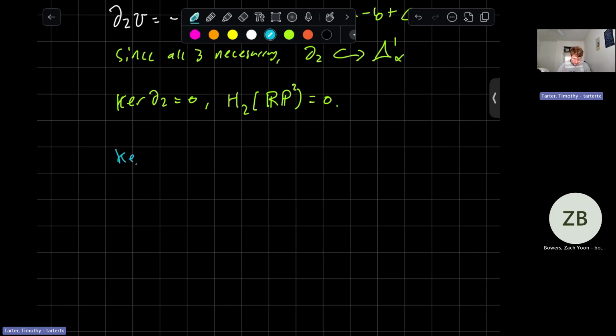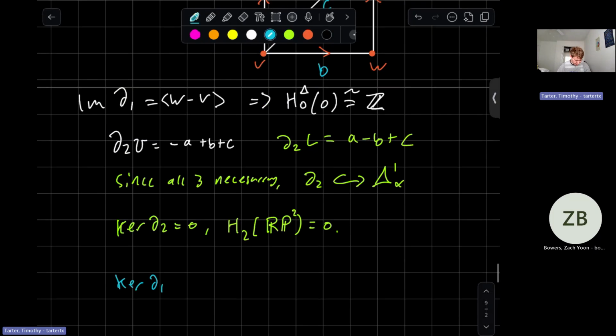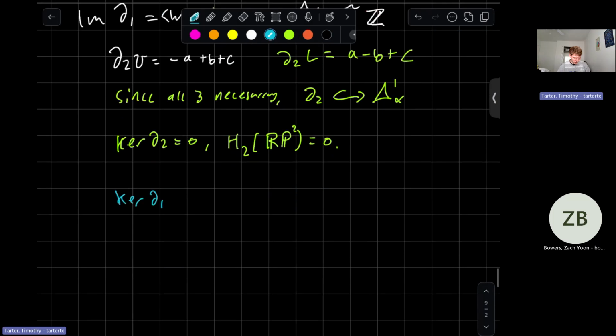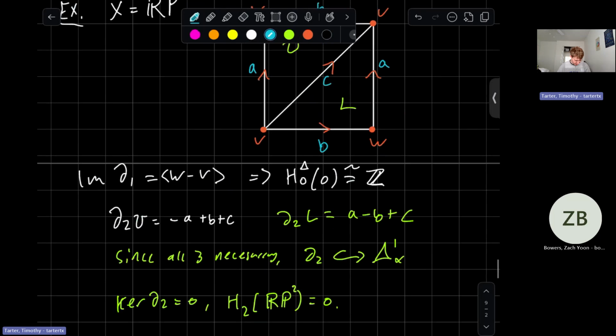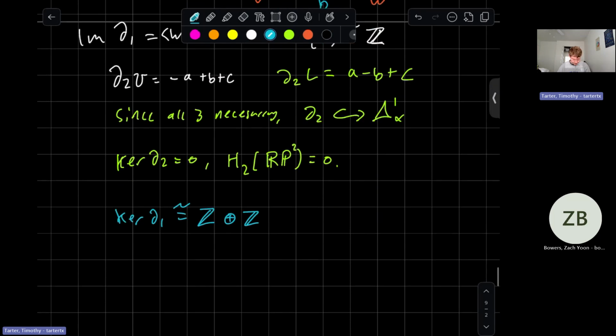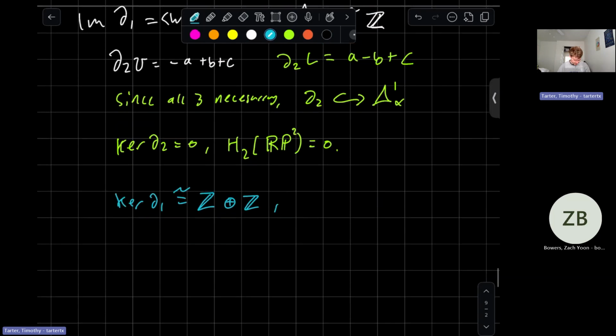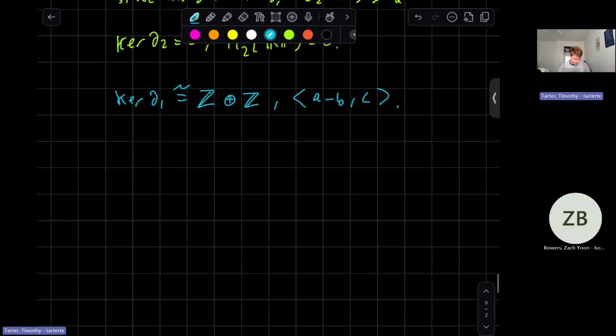Further, the kernel of partial one is isomorphic to Z direct sum Z because it's generated by two things, with basis A minus B and C. Yeah, that makes sense.